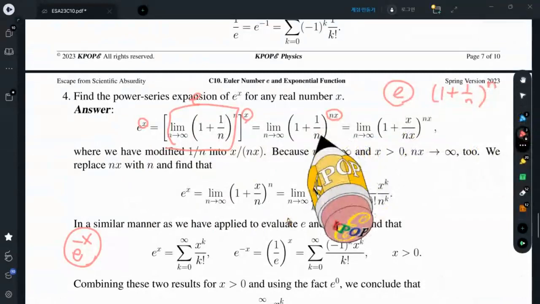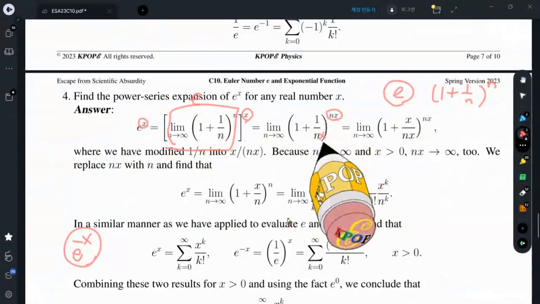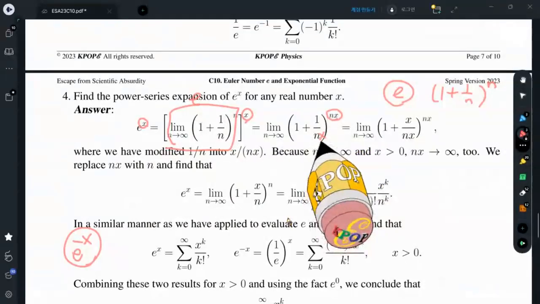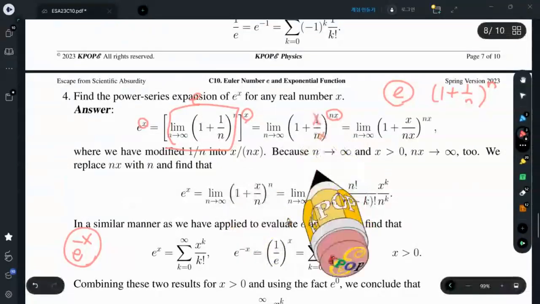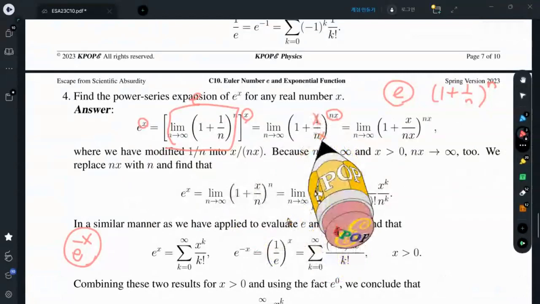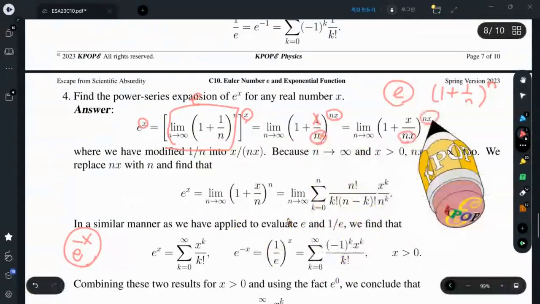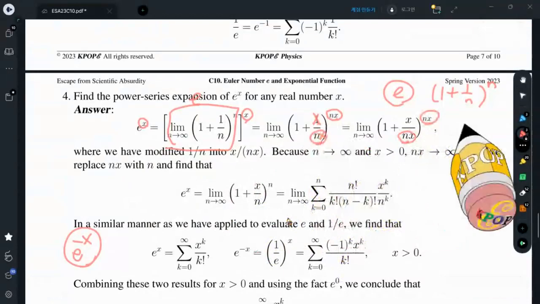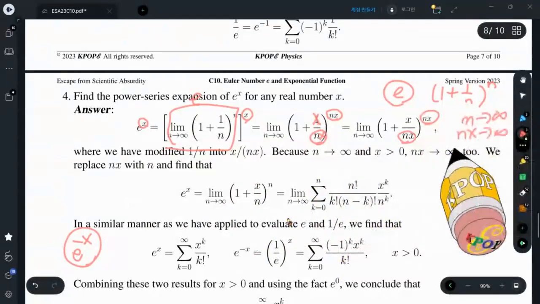So I want to correct this by multiplying x in the denominator, but that is different from the original one. Therefore, I multiply x in the numerator too, then replace this with n. That's fine because n going to infinity is equivalent to nx going to infinity, as long as x is positive.